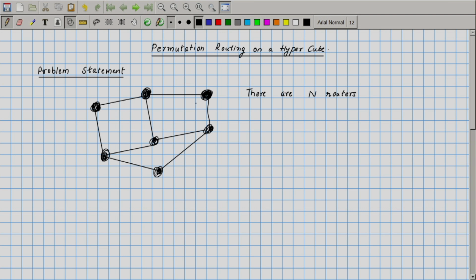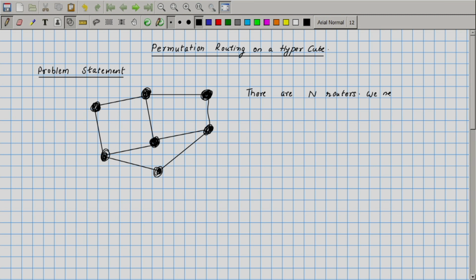It can store information, it can store packets, and it can send packets to one of its neighbors. The network topology is known to you, that means which routers are connected to which other routers is already known, and there are n routers.